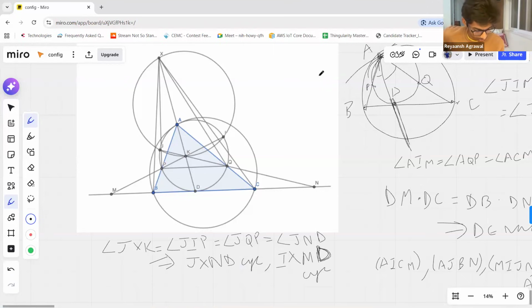Okay. So now how do we handle X with that? Remember our configurations. What have we done? We have a lot of circles, so that should motivate one particular configuration.